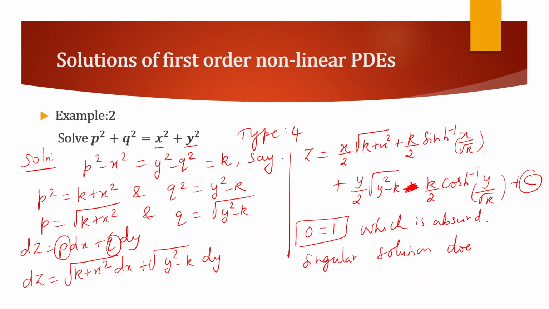And for finding the general solution, we can take c as function of another constant, that is c is equal to function of k, and then differentiating the complete solution with respect to k, and then elimination of k gives our general solution.